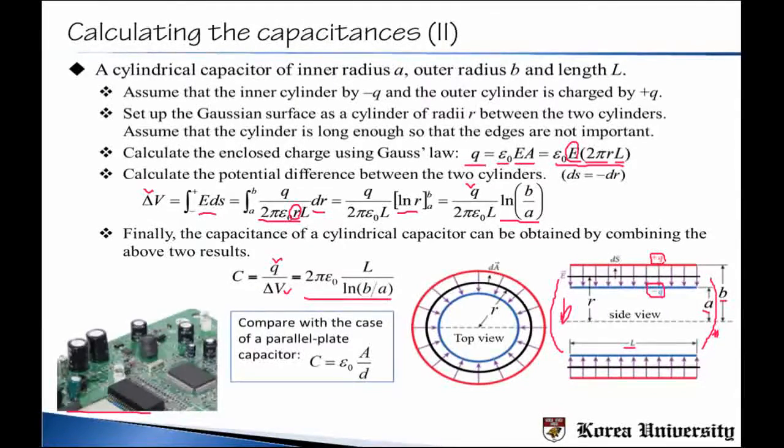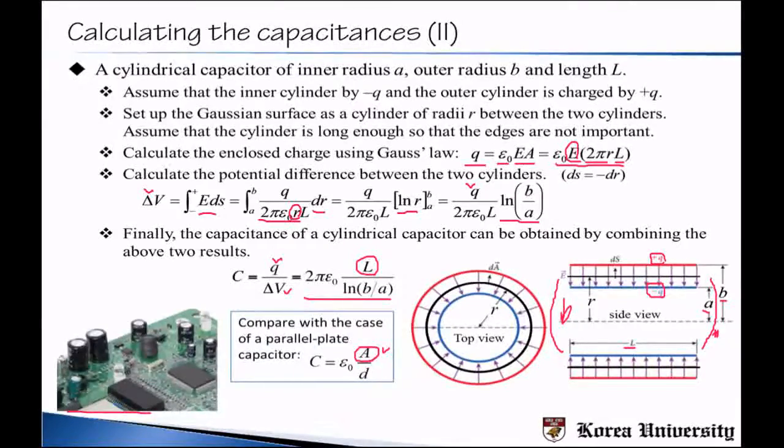Even though they look different, actually they have very similar properties. Why? In fact, this L represents not exactly the area, but the size of the capacitor. So if L is long, we effectively have a large area of the capacitor, so it is similar to having a large A.